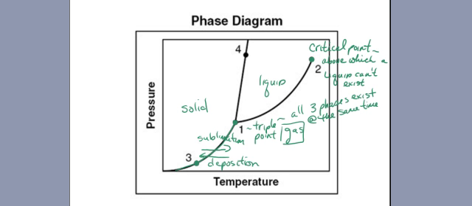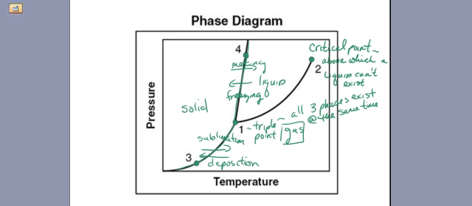If you look at the number 4 right here, anything along that line is the barrier of both melting if you go from a solid to a liquid, or going in the opposite direction, freezing.